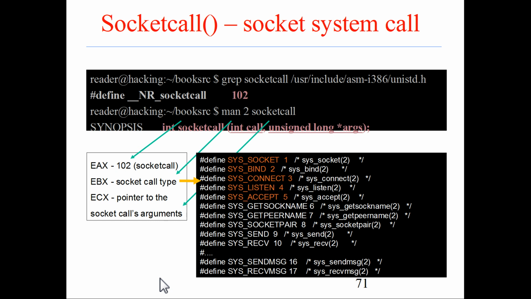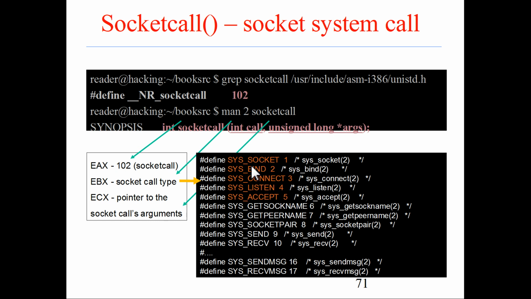Obviously, whatever calling convention is being used, whether it's cdecl or fastcall, will influence how this should be done. And we're going to cover fastcall later in the semester in the return-oriented programming lectures.